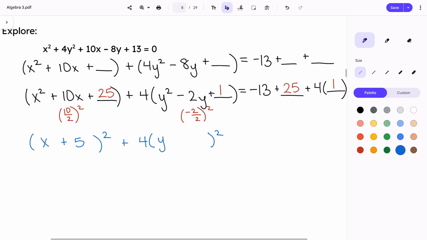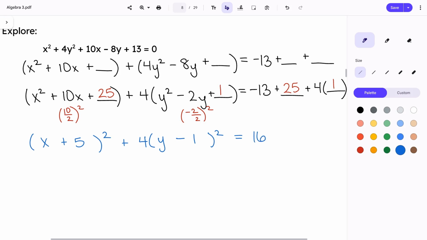What numbers multiply to 1? 1 and itself, right? If they want to add to a negative 2, though, they should both be negative. So y minus 1 squared. And then over here, we would have negative 13 plus 25 plus 4. What is that? 16. So this equals 16.